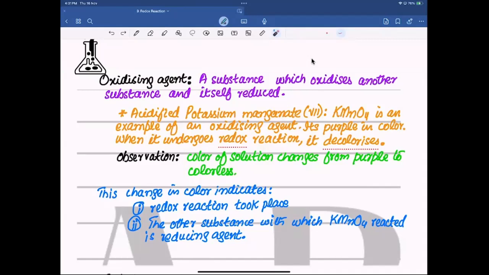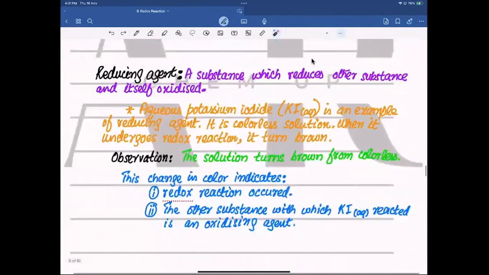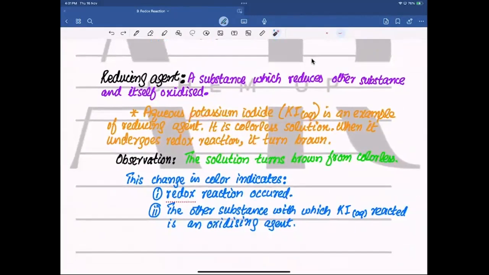Yes, sir. Did you understand this? Yes. Okay, clear? Now, a reducing agent is the one which reduces the other substance and itself oxidizes. The common example is potassium iodide. You have to remember these color changes for potassium permanganate and potassium iodide.